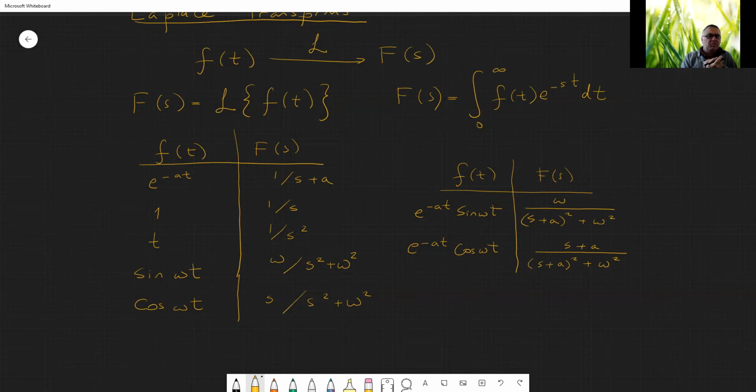Okay, you don't have to memorize these. If needed, I'm going to give them to you. But it's good to know a few of these so that you don't really spend time on these. For example, the Laplace transform of 1 being 1 over s is kind of obvious, so you don't have to spend time.